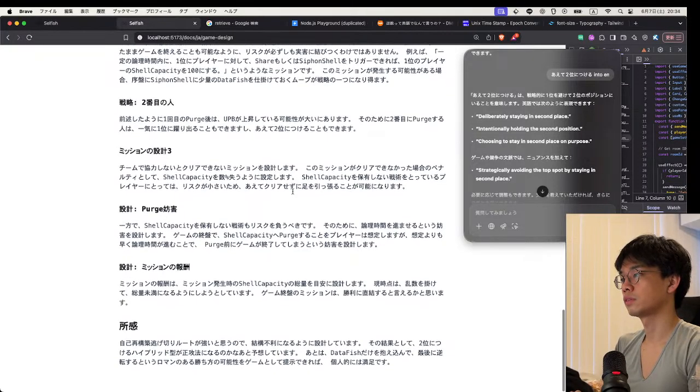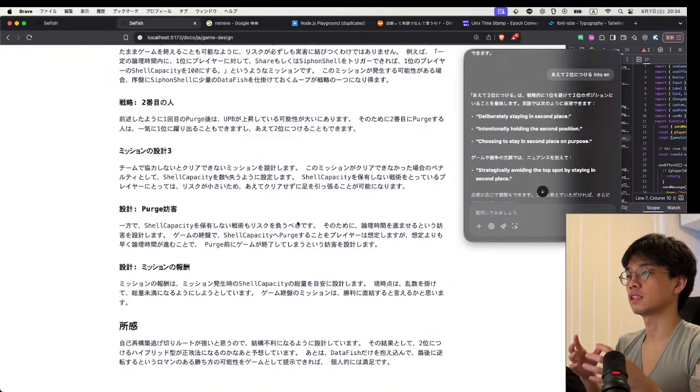And if the team fails to complete the mission, the penalty is given to the team. The penalty is to lose some percentage of the shell capacity the player has.